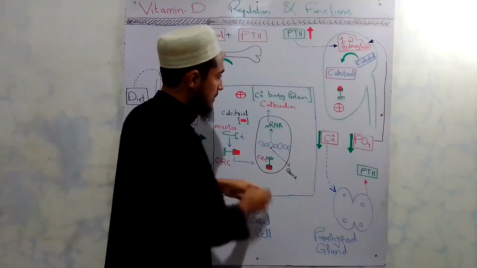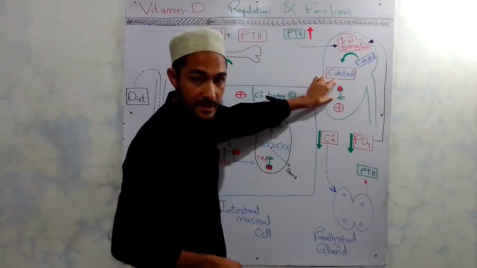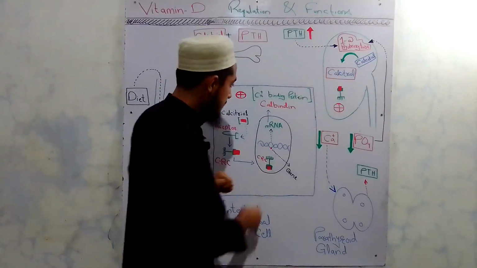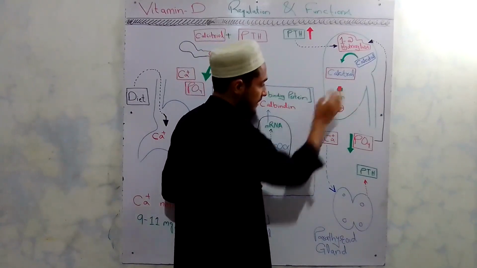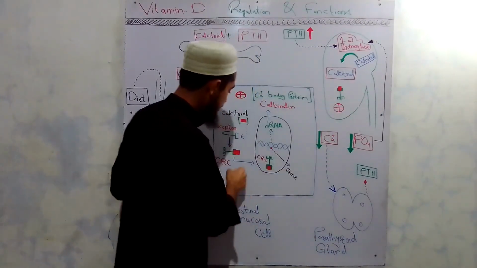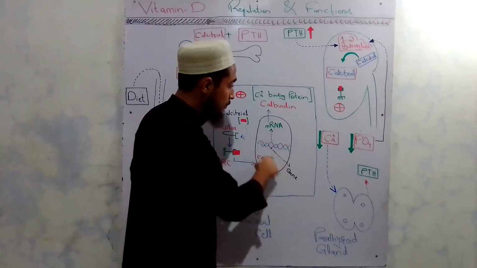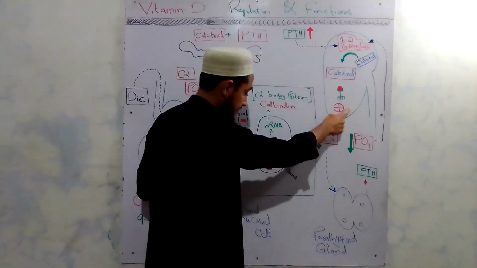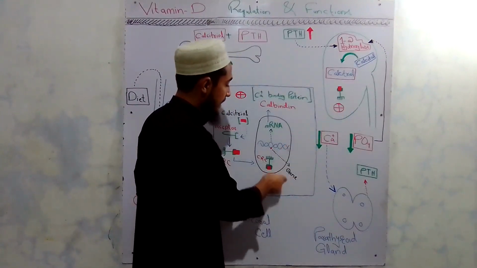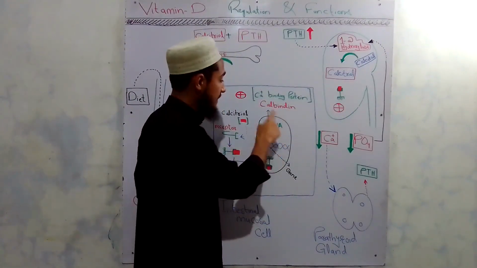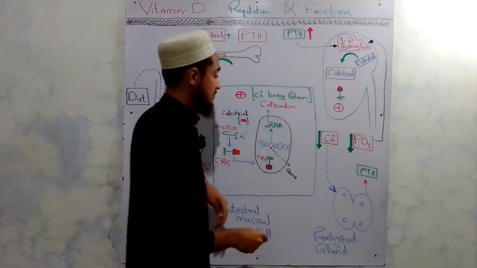This same process occurs in the kidneys also. In the kidneys, the calcitriol receptor complex enters into the nucleus of the nephrons, and it will activate genes there also, messenger RNA will be formed, and finally calbindins will be formed.